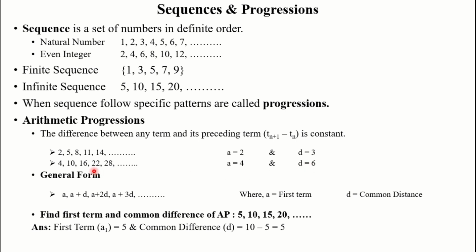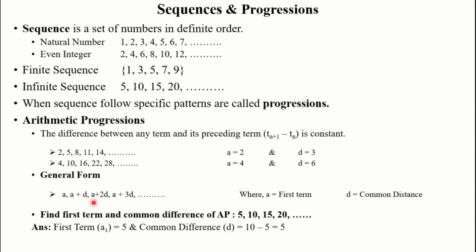Such a sequence we call an arithmetic progression. The general form of arithmetic progression has a common difference between a term and its preceding term: the first term is a, the second term is a plus d, the third term is a plus 2d, the fourth term is a plus 3d. Likewise, this is the general form of arithmetic progression where a is the first term and d is the common difference.